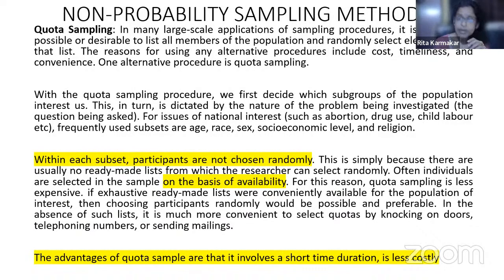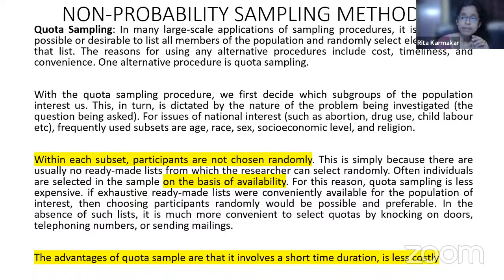You will not find many girl child labor, except in a particular profession. You won't find that. This cannot be chosen randomly, and that is why it is known as non-probability sampling, and it comes under quota sampling.